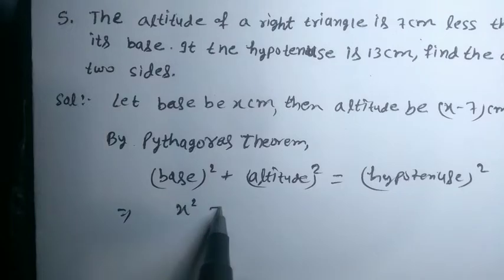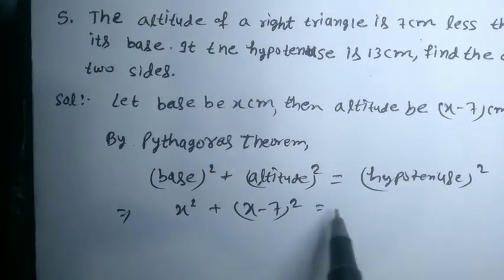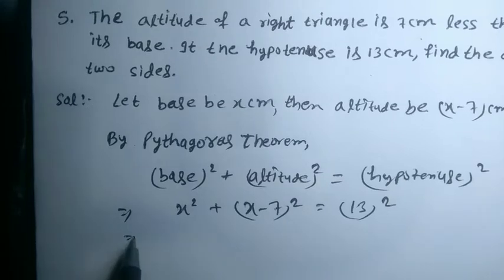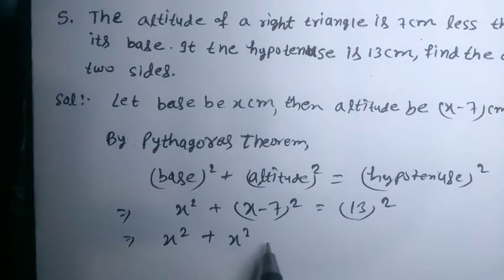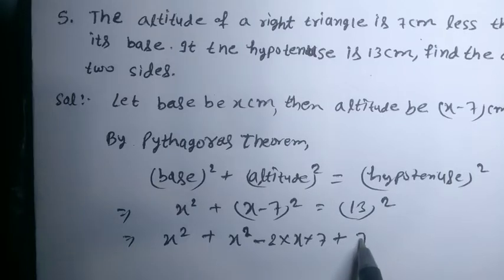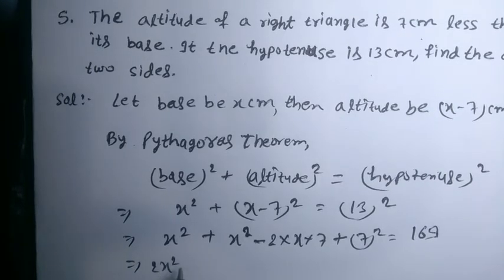Implies x square plus x minus 7 the whole square, that is equal to 13 square. Implies x square plus x square, we expand this using the formula a minus b the whole square, that is equal to a square minus 2ab, 2 into x into 7, plus b square, that is 7 square, is equal to 13 square, 169. Implies 2x square minus 14x plus 49 minus 169, that is equal to 0.